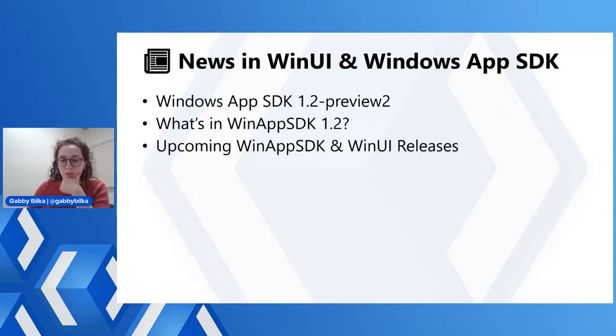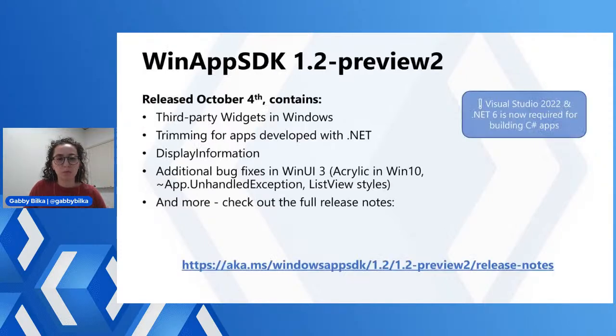Next up, I want to share a bit of news about WinUI and WinAppSDK. So first up, as you've heard from the last couple of demos, we have released WinAppSDK 1.2 Preview 2 on October 4th.